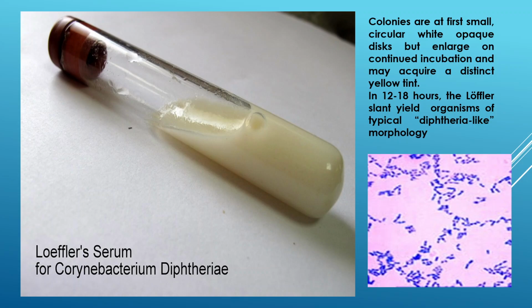On this slide you can see Loeffler serum for Corynebacterium diphtheriae. Colonies are at first small, circular, white, opaque discs, but enlarge on continued incubation and may acquire a distinct yellow tint. In 18 hours, the Loeffler's slope yields organisms of typical diphtheria-like morphology. We then study a pure culture of Corynebacterium diphtheriae under the microscope.